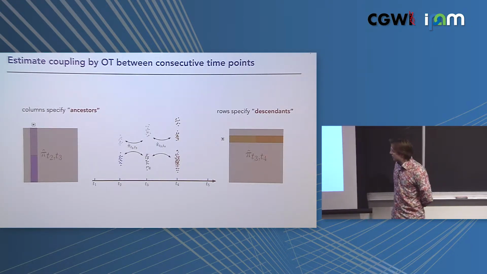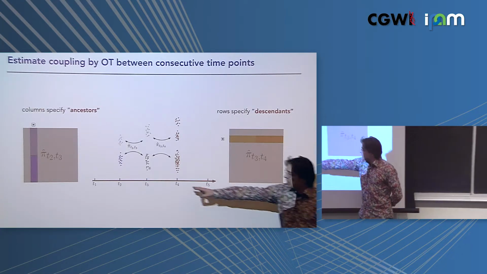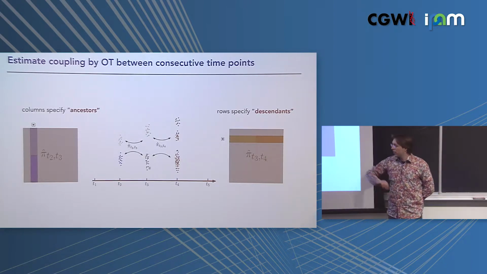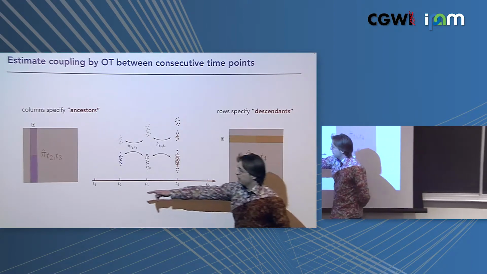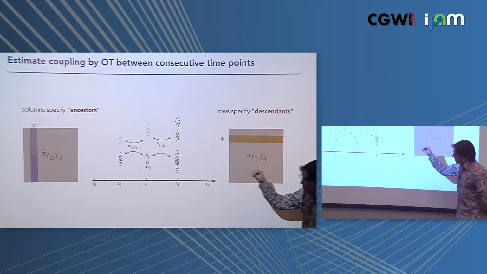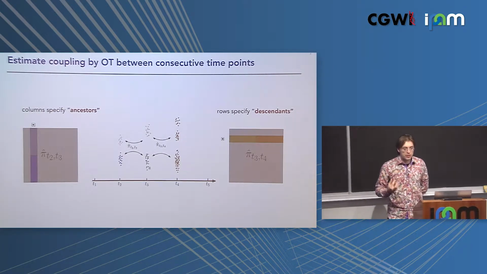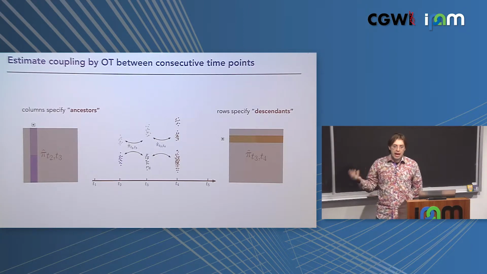For example, if you consider this green cell at time t3 and look at this transport map, then this specific column will tell you the distribution of the ancestors. So where did the dirt come from, or where did the mass come from for that cell?